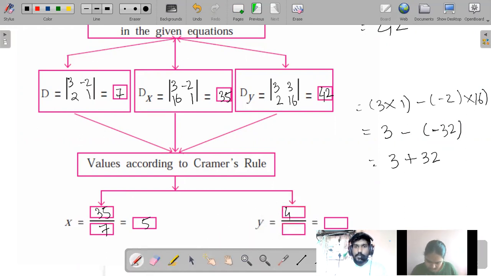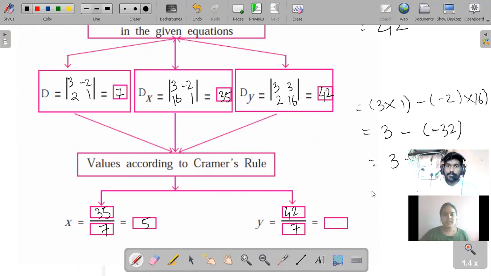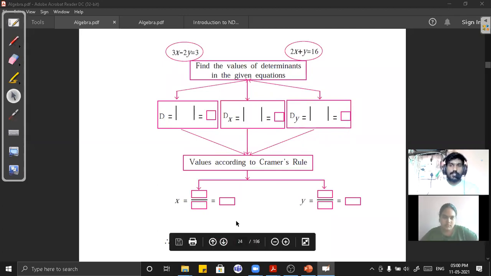So you have 42 divided by 7. Where is it given that y is 7? D is 7 here. Look here. D we got 7, no? So it's dx upon d. So 35 upon 7 is 5. And 42 upon 7 is how much? 6. So x is 5, y is 6. 5, 6 is the solution.